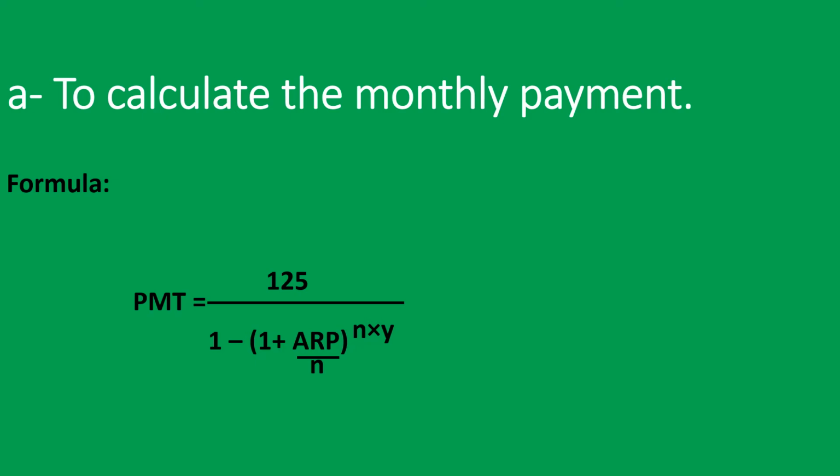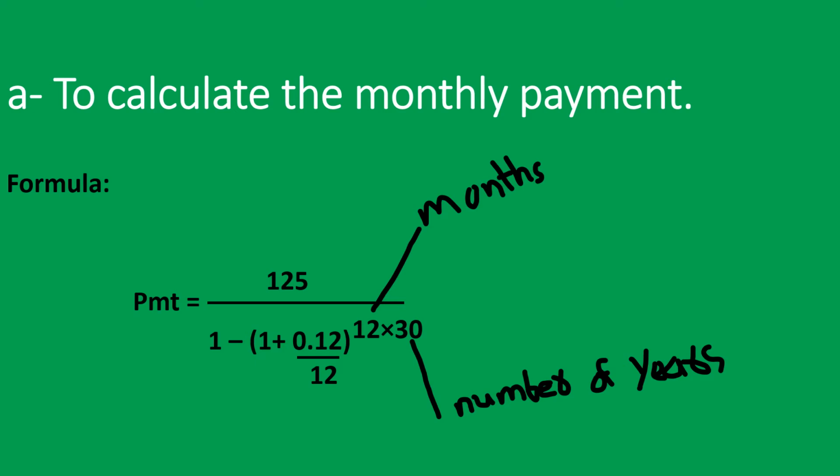The minus and plus stay according to the formula. The only thing I have changed is the interest rate and the N changed to monthly, and on the side you will see 12 multiplied by 30. 12 means in 1 year we have 12 months, 30 means 30 years. So this is the next stage.